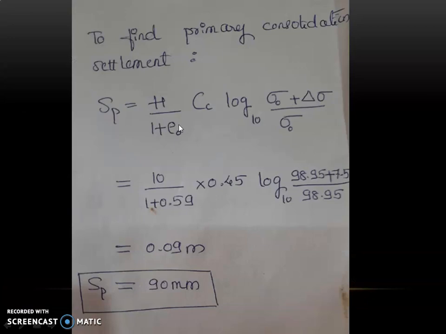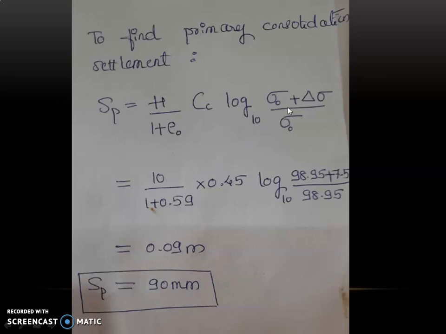Now we have found out all the terms from this equation. Now we will substitute all the values. H equal to 10 divided by 1 plus E naught is 0.59 into Cc is 0.45.